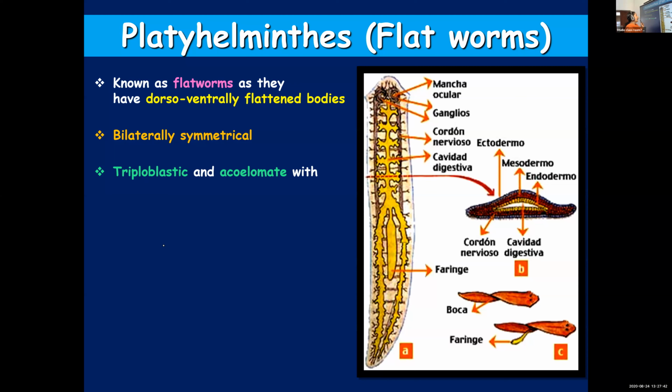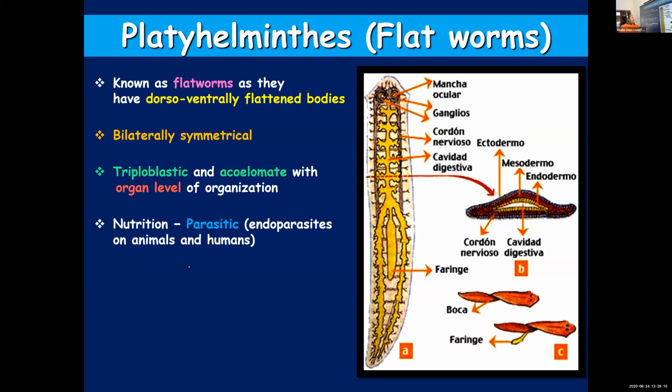So they are acoelomate with organ level of organization. Organ level of organization means cells are joined to form tissues, and tissues are joined together to form organs, but no organ systems. Several organs are there, but these organs are not joined together to form an organ system.